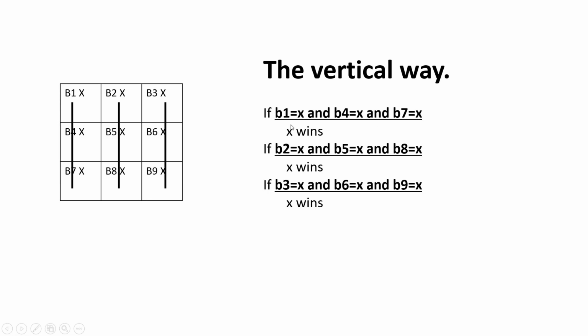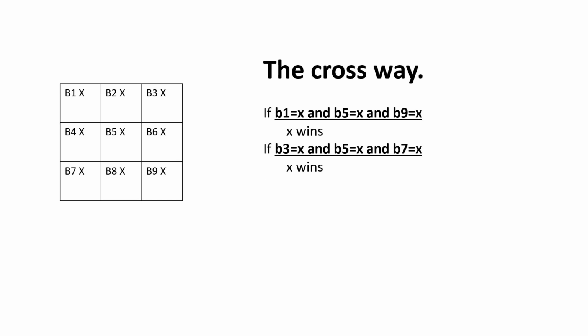Till now, we have covered a total of 6 conditions, the 3 horizontal ways and 3 vertical ways. So we are remaining with 2 ways, which are the cross ways. In the cross ways, if B1, B5, and B9 are the same, then X wins. And if B3, B5, and B7 are the same, then X wins.